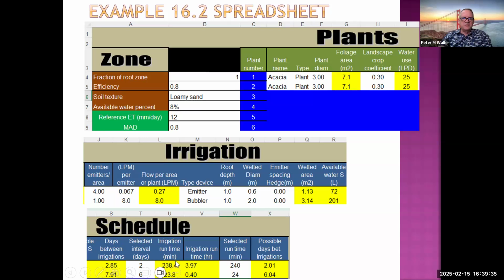So anyway, here's the irrigation runtime for the drippers, 238 minutes, and for the bubblers, 23 minutes. And so then we're going to select a runtime of 240 and 24, which is not really much different than that. But anyway, that's your last selection.